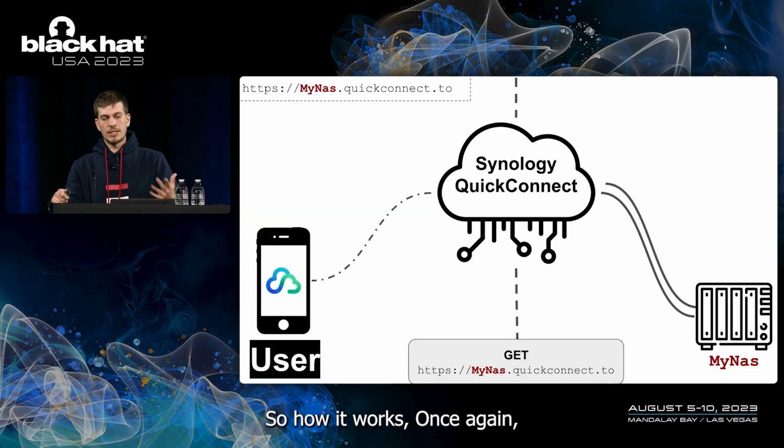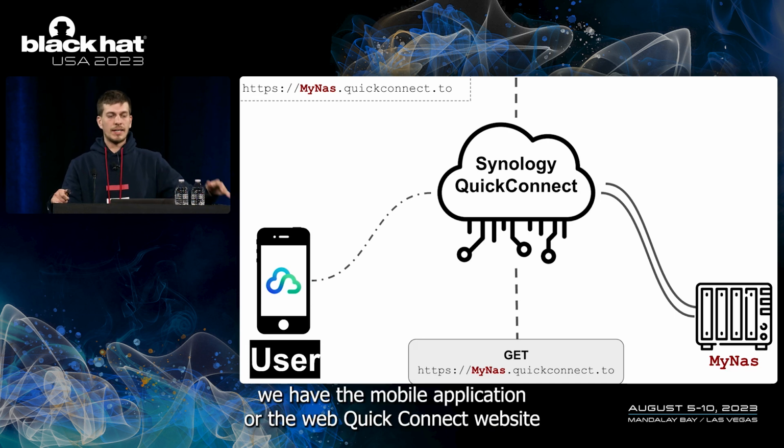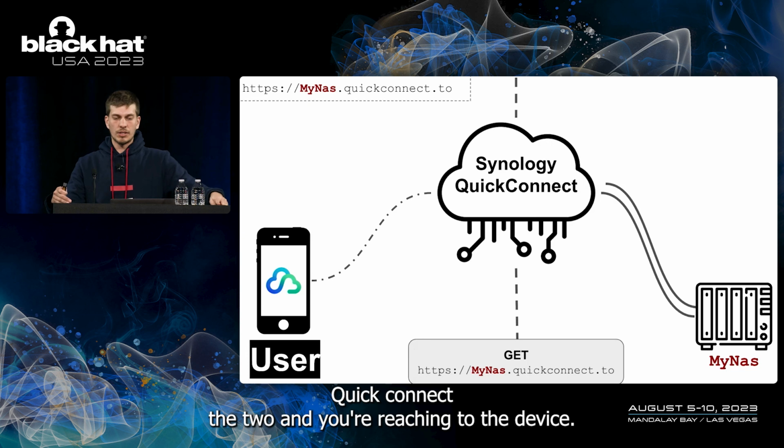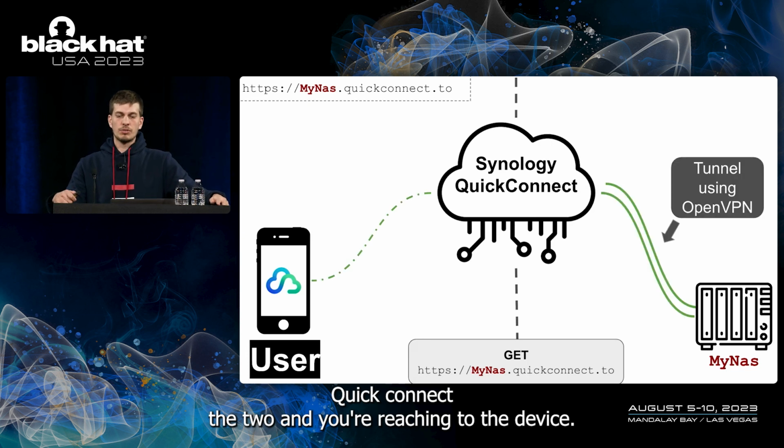So how it works, once again, we have the mobile application or the web Quick Connect website, and we're sending a GET request to alias.quickconnect.to, and you're reaching the device.